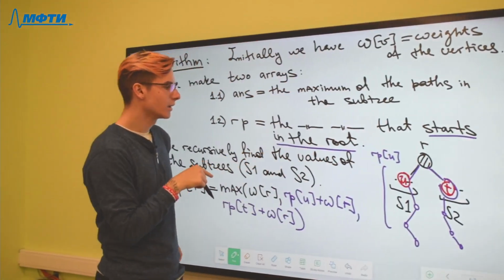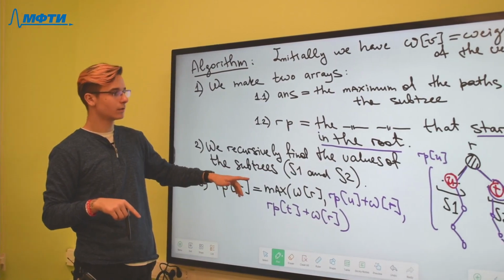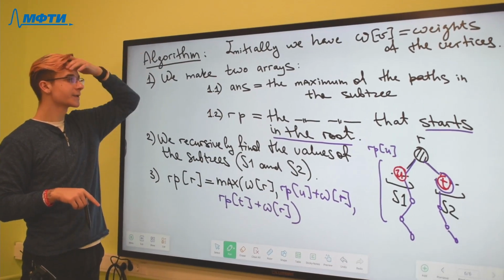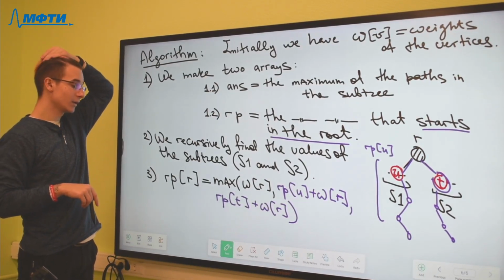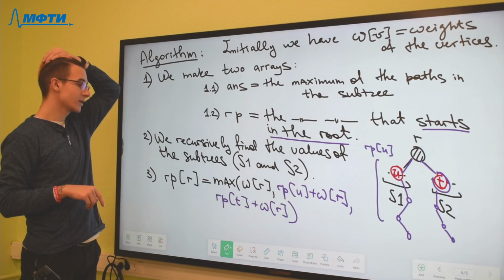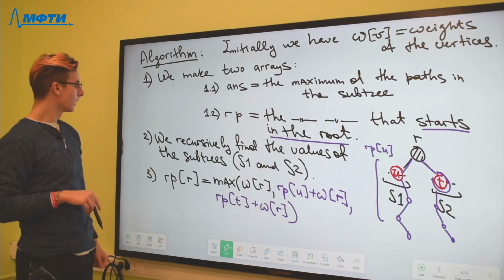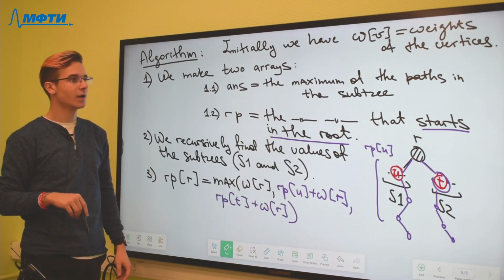In this way, we change these two trees, and then we find the maximum of the tree. And what is the answer of the algorithm?